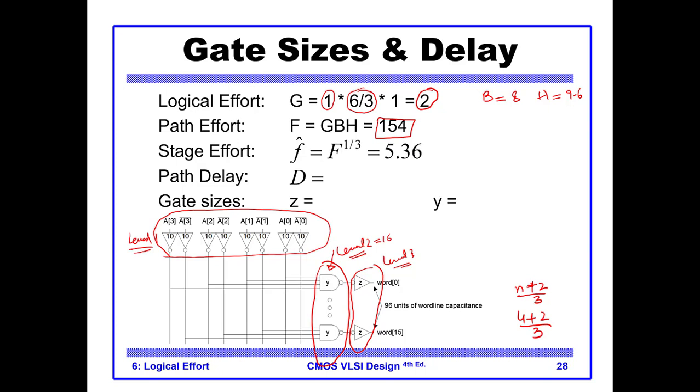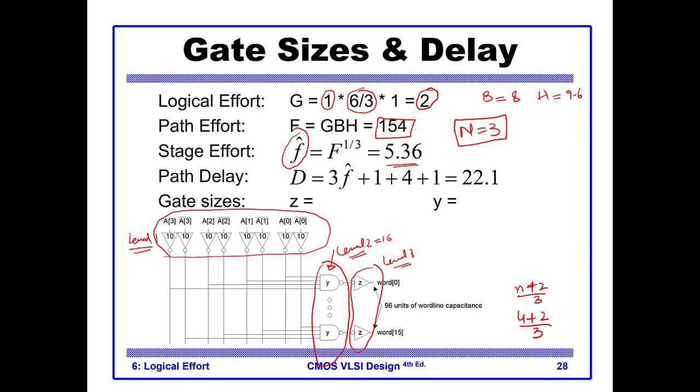Now the stage effort is capital F to the power 1 by 3, because capital N is 3, since we have 3 stages. So the stage effort is 5.3.